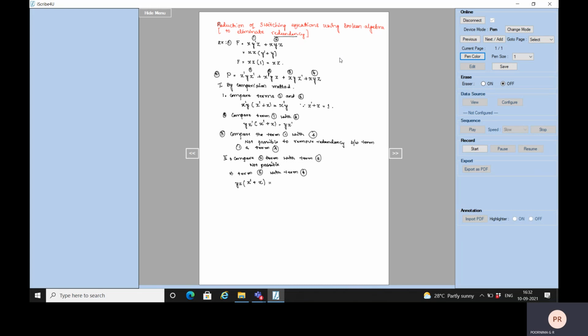So hence we can apply the Boolean law. So hence the redundancy-removed term left out is yz.